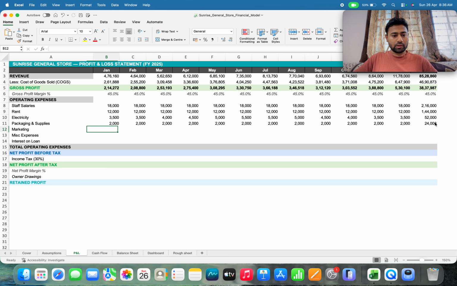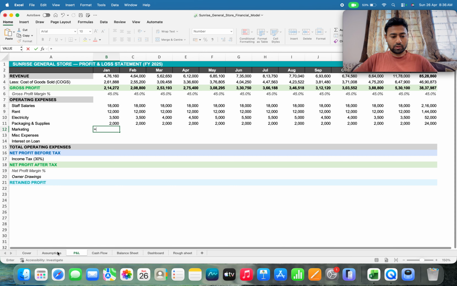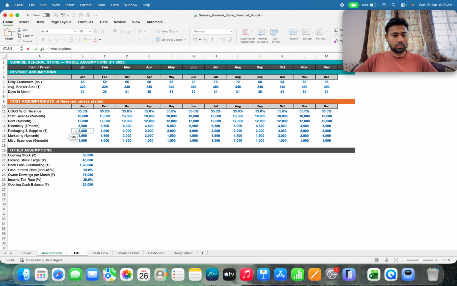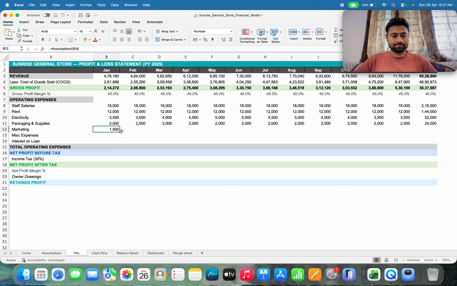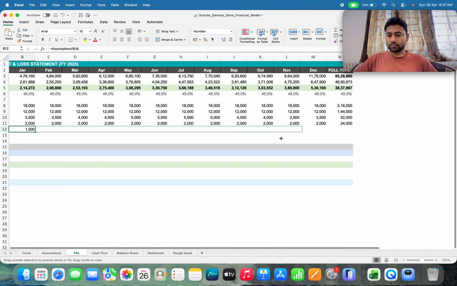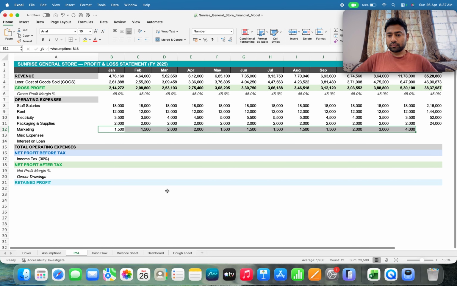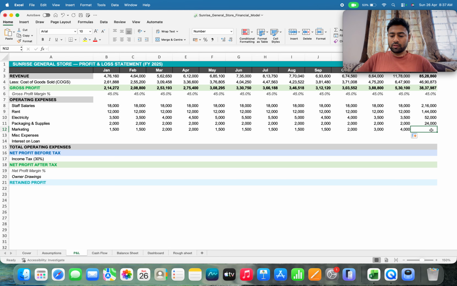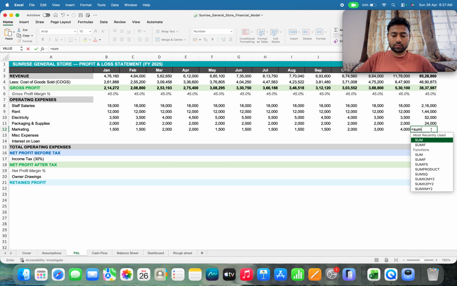Now marketing expenses equal to assumption, is equal to sum.